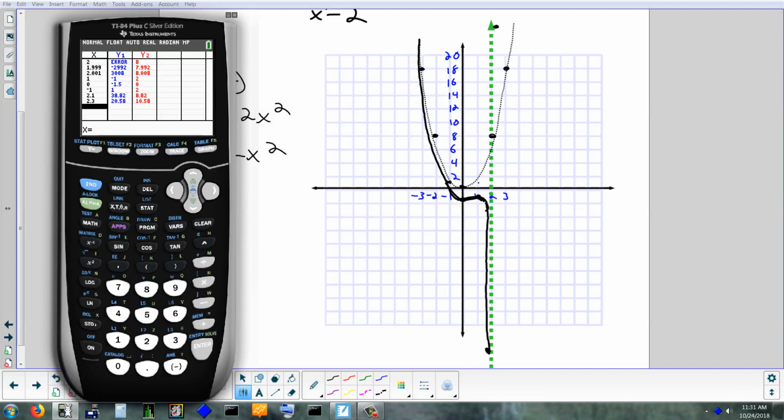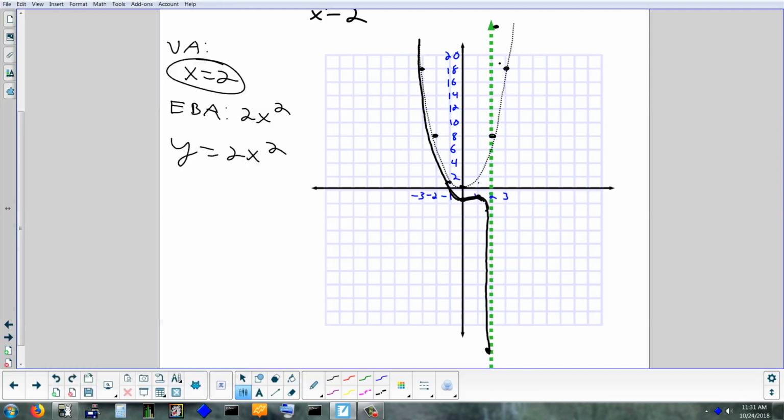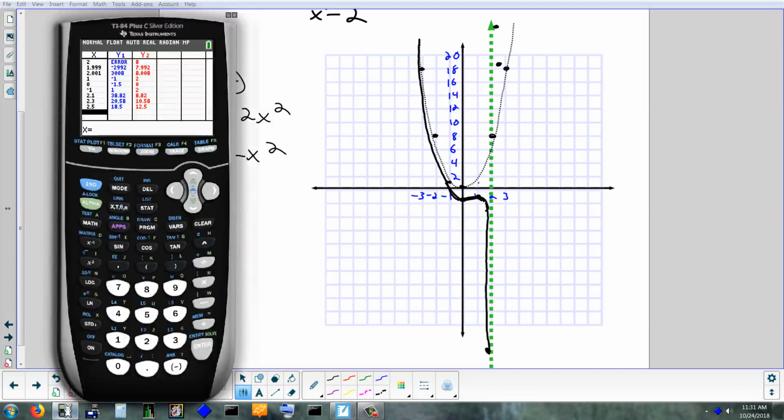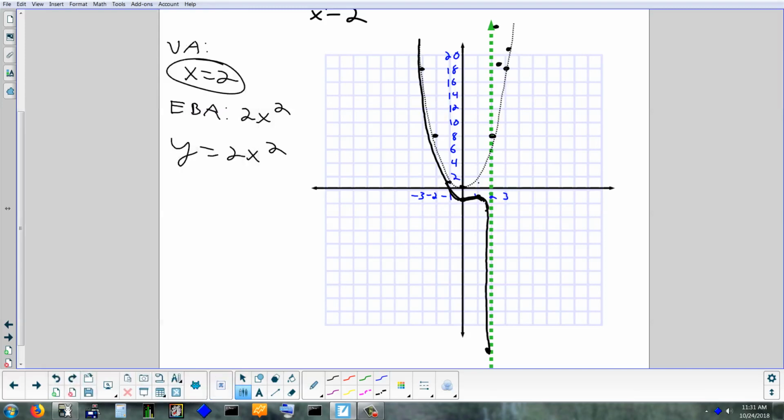It's down at 20. 2.5, it's at 18.5. So that's probably a good one because I can fit it on the graph. 2.5, just a little above 18. And now let's try 3. Now it's going back up again.